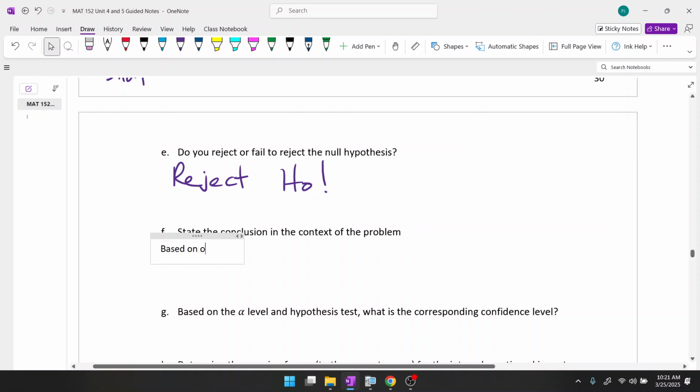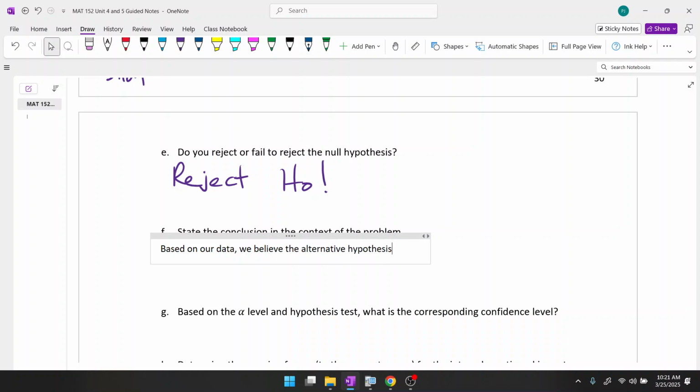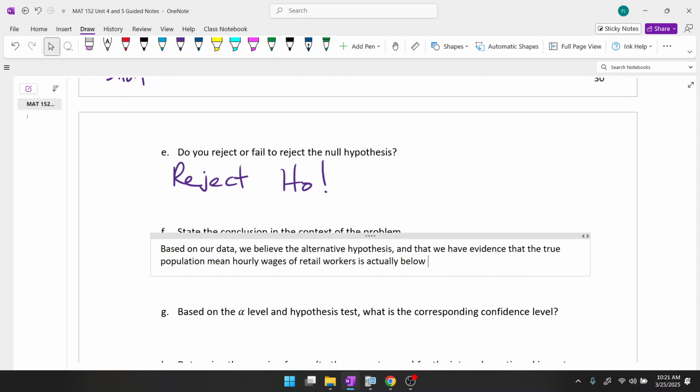Based on our data, we went with the alternative and that we have evidence that the true population mean hourly wages of retail workers is actually below 18 per hour.